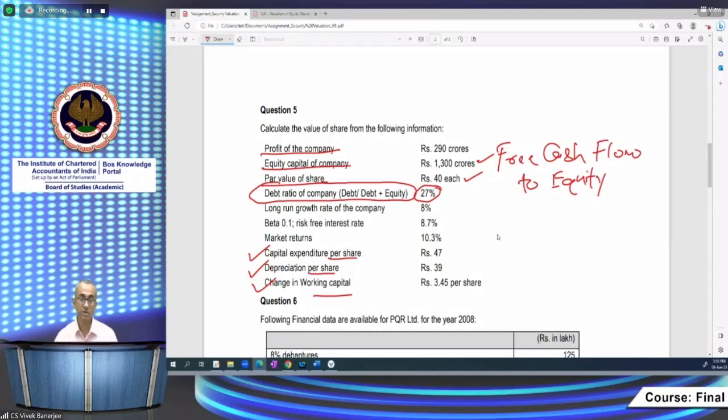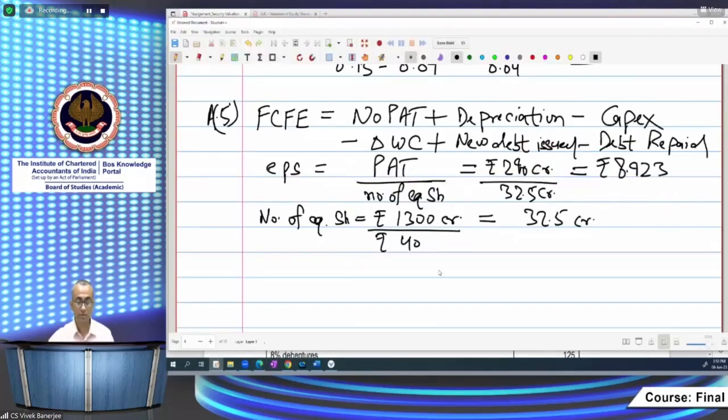So therefore the equity portion is 73%. So by this way, the question can be solved. So let us get back to the solution.